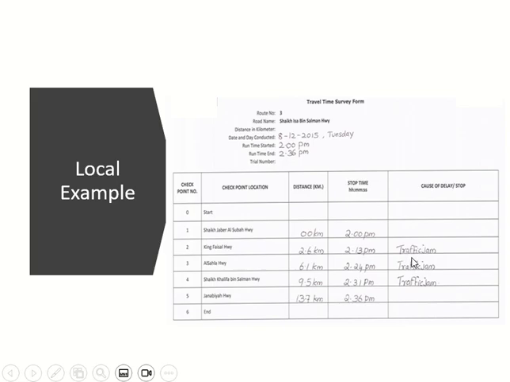And they have notes as well, how much was the delay and so on and so forth. So it's simpler, it has fewer values. How many times the car stopped, number of stops, these are not there, but the main things are there. The main things are distance, the cumulative travel time, and the reasons for delay. And you can see the details on the top here.